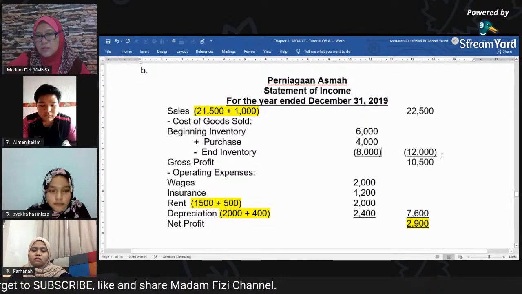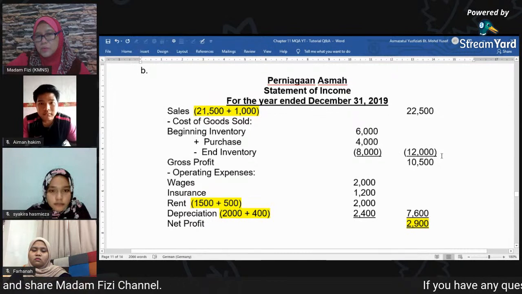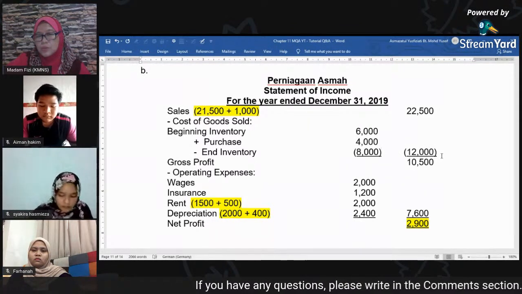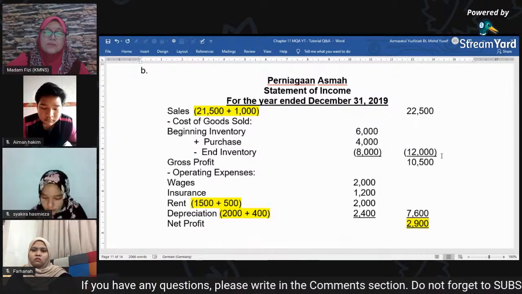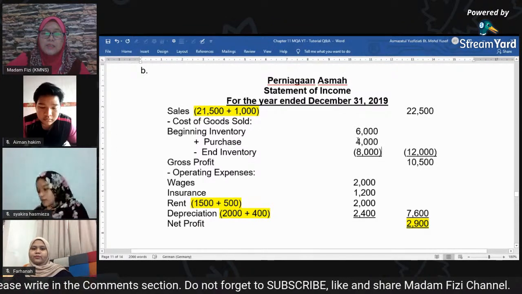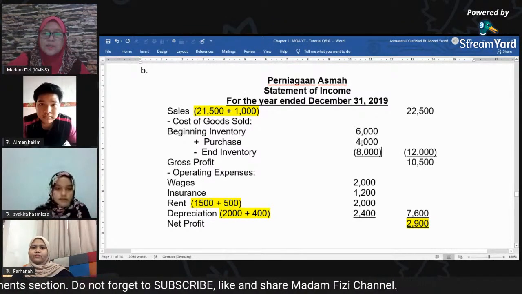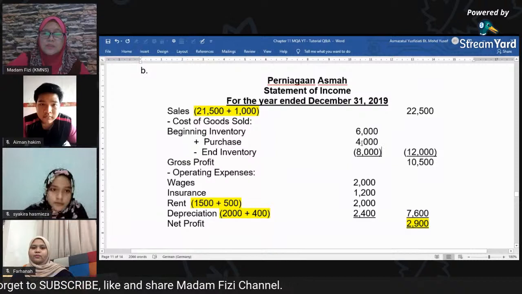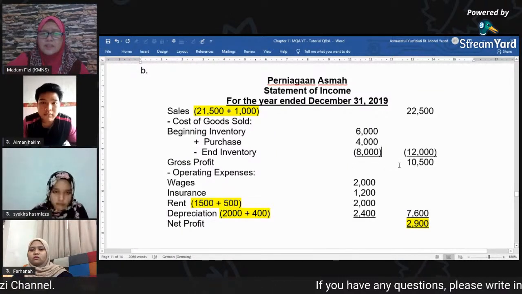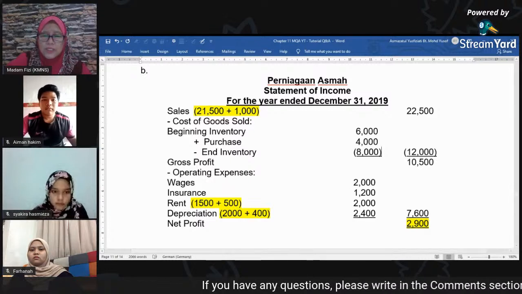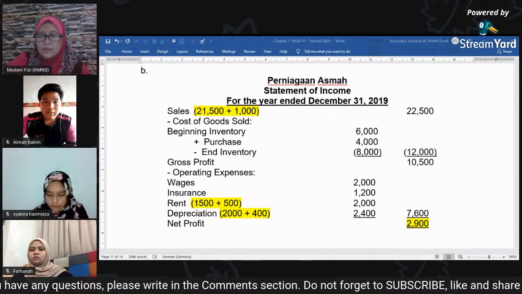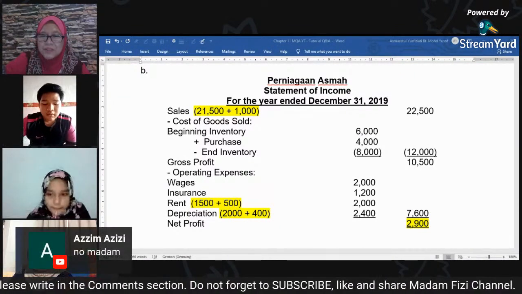Betul? 10, 12 eh? Beginning is 6 plus 4 is 10,000. 10,000 minus 8 is 2, right? Okay, so what is your question? Same with me or not? No, madam. Azim kata no, madam.